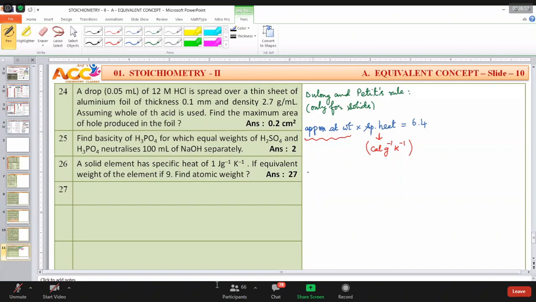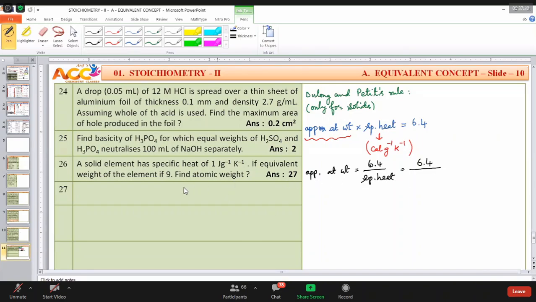So I'll do it like this. First of all, approximate atomic weight is equal to 6.4 by specific heat.